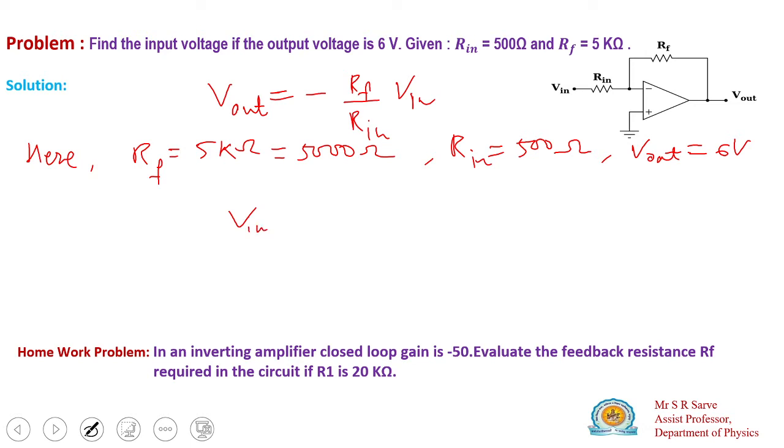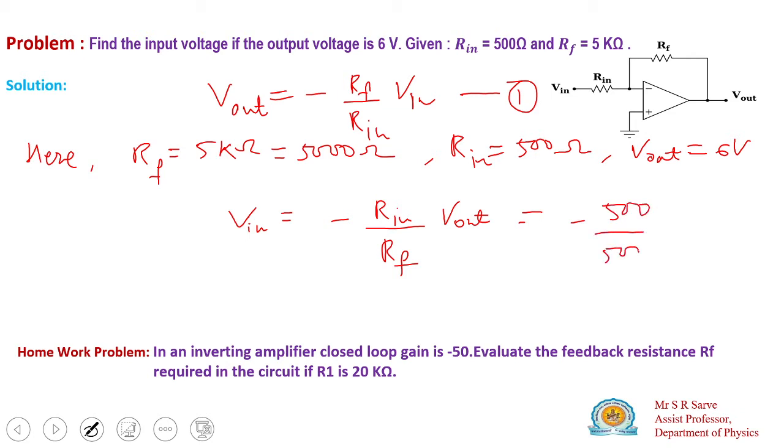So what is the equation for the input voltage from this equation? Equation number 1. So input voltage is equal to minus input resistance divided by feedback resistance into the output voltage. Okay, so substitute the value. What is the input resistance here? Here input resistance is 500. And what is the feedback resistance? Feedback resistance is 5000. And the output voltage is 6 volt.